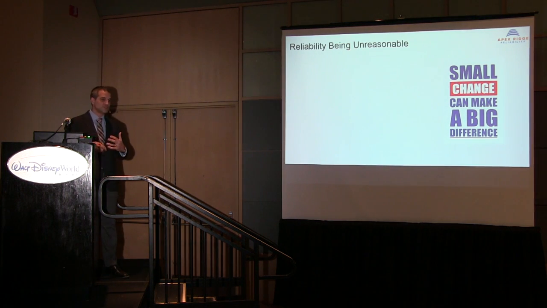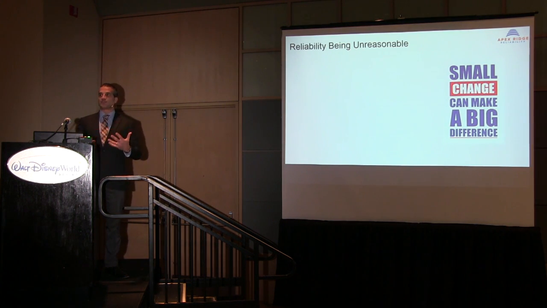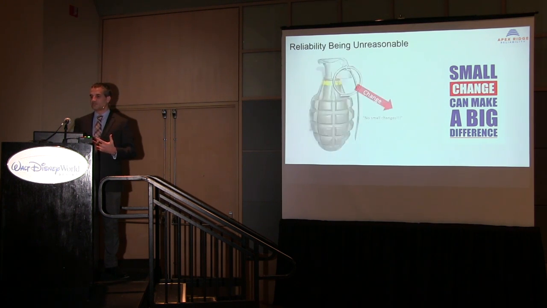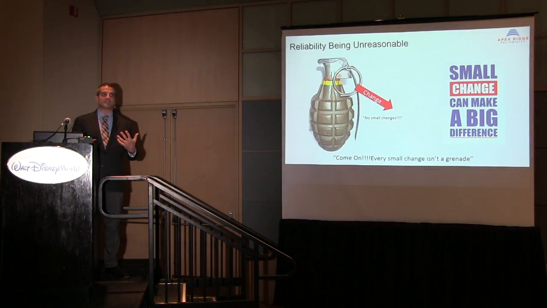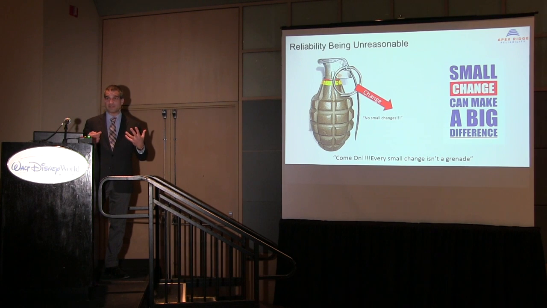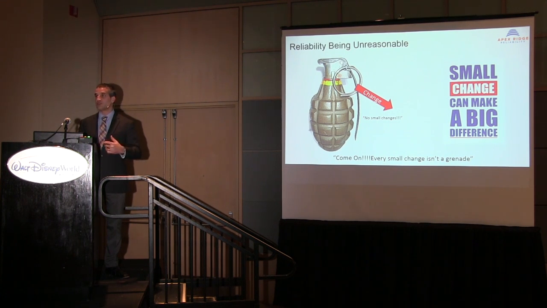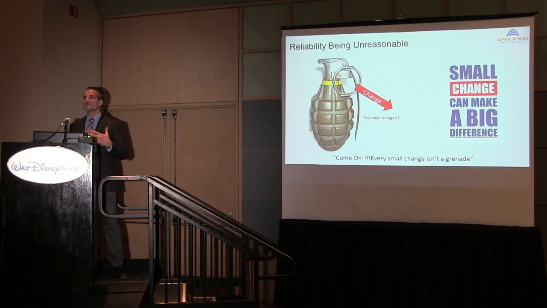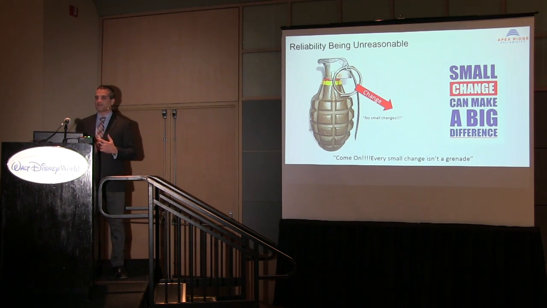Well, the first thing to do is to address, on the reliability side, we are unreasonable. We can be unreasonable because we always have the philosophy that there's no small change. I mean, we've all been told that when we were learning reliability. There's no small change. If you change a screw, the airplane will crash, because it wasn't part of what we validated. But that's not true. That's a little bit hyperbolic.